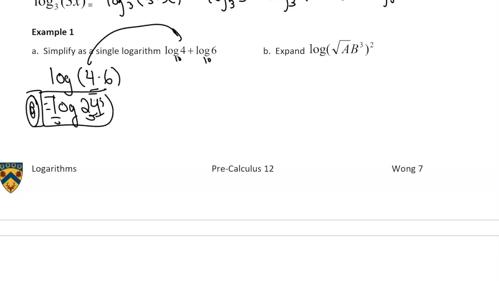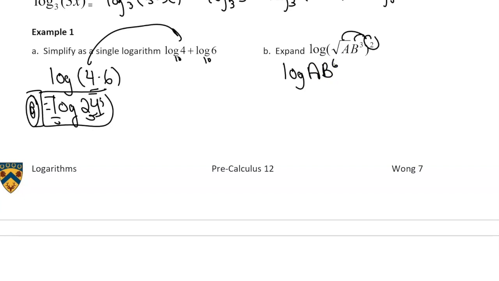Okay, part B. If we wanted to expand this, what's being squared right now? The square applies to what's inside the bracket. So let's deal with that first. And let's rewrite this as log. The square root of a squared is a, and b cubed squared would be b to the 6. So we're using some of our exponent rules.